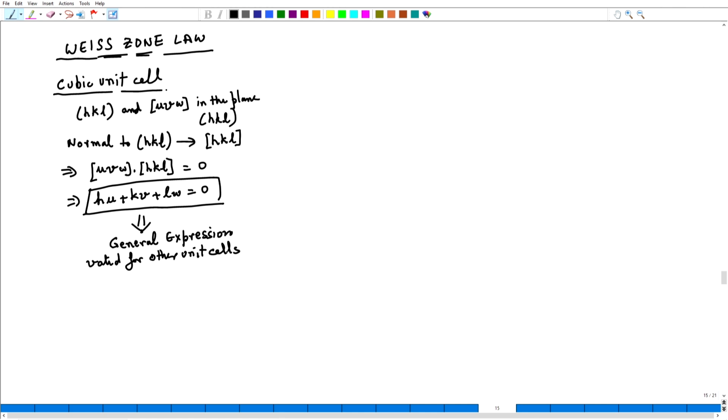And now it will be my endeavor to derive the expression in a much more general way, because here we have just derived it for a very specific case. So, let us see how we can derive this. Again, let us take an arbitrary HKL plane.